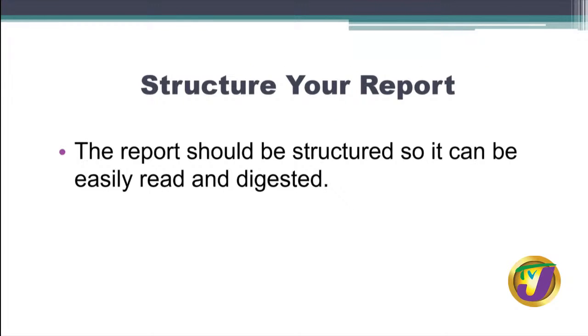You're going to leave that out completely. Of course, you need to structure your report. So your report should also be so structured that it is easy to read, easy to follow. So from start to finish, whoever picks it up and is reading it should be able to understand what is going on, what you're writing about, and all of that.